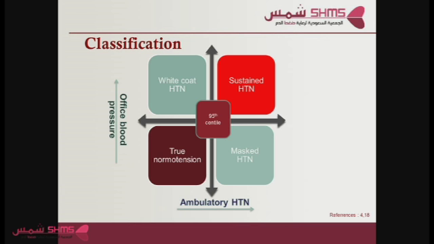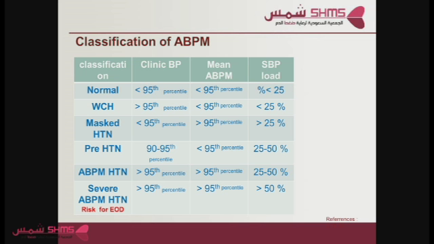Masked hypertension is when they have normal clinic blood pressure but high ambulatory blood pressure, and that reflects on end organ damage. So we have to be very careful, especially for those having chronic kidney disease, congenital heart diseases, etc. Sustained is if both are high. And this is how we classify and how we treat by ambulatory blood pressure.